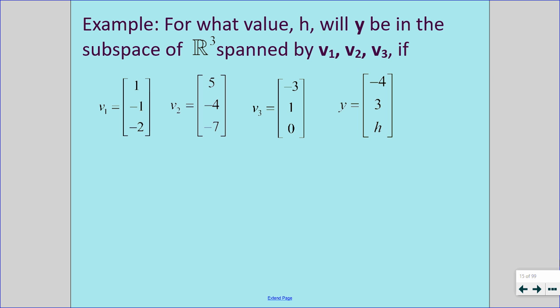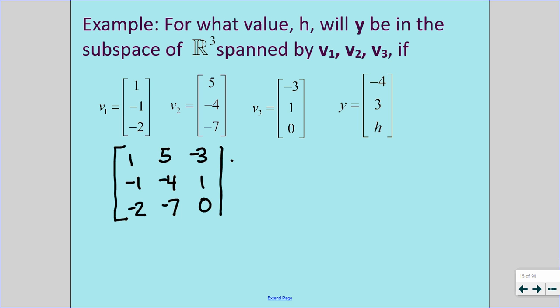If we want to know for what H values Y will be in the span, what we need to do is some elementary row operations to determine for what values of H Y would be in this span.